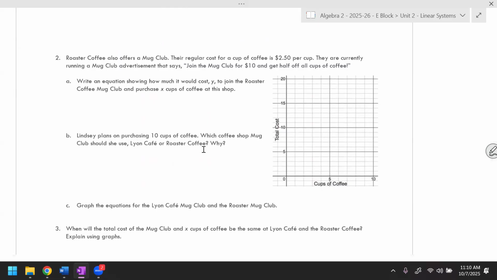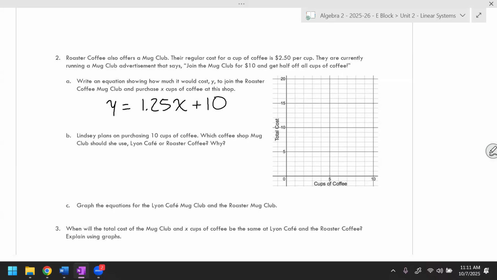Kara, can you see how it's going to be different at all? Right. So how do I adjust the equation then? 1.25x, but this time it's plus 10 instead of plus 8. And that kind of represents the fact that joining the club is a little more expensive for this place. Right? Let's hope they have better coffee.